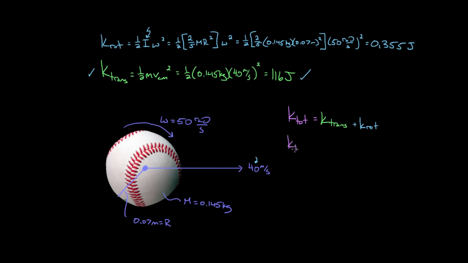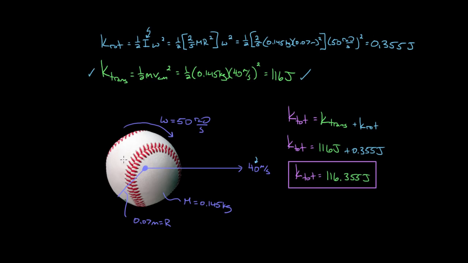So the total kinetic energy would just be 116 joules plus 0.355 joules, which gives us 116.355 joules. So recapping, if an object is both rotating and translating, you can find the translational kinetic energy using 1/2 m, the speed of the center of mass of that object squared, and you can find the rotational kinetic energy by using 1/2 I, the moment of inertia, for whatever shape it is.